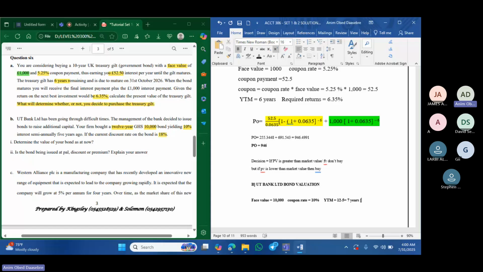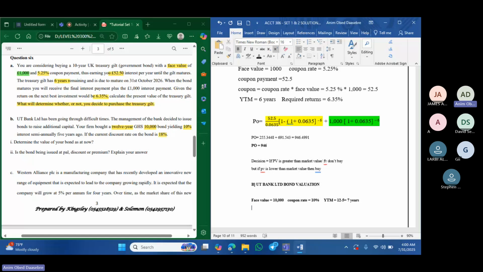So you multiply 7 years by 2 to get the actual periods that we are going to use to find the price.